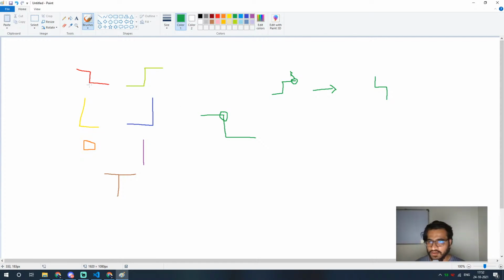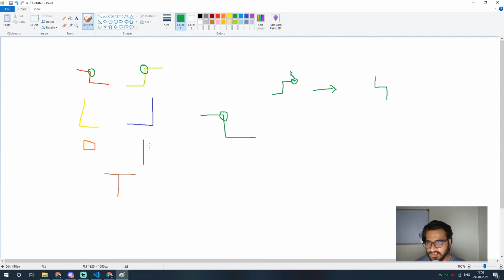All Tetris blocks have these anchor points when they rotate, and it is just an observation that I saw when I used to play the game. So in S this is the anchor point, in Z this is the anchor point.